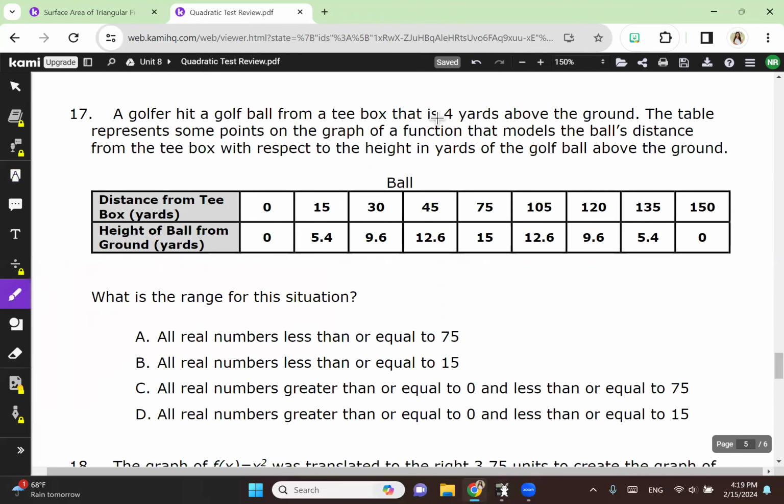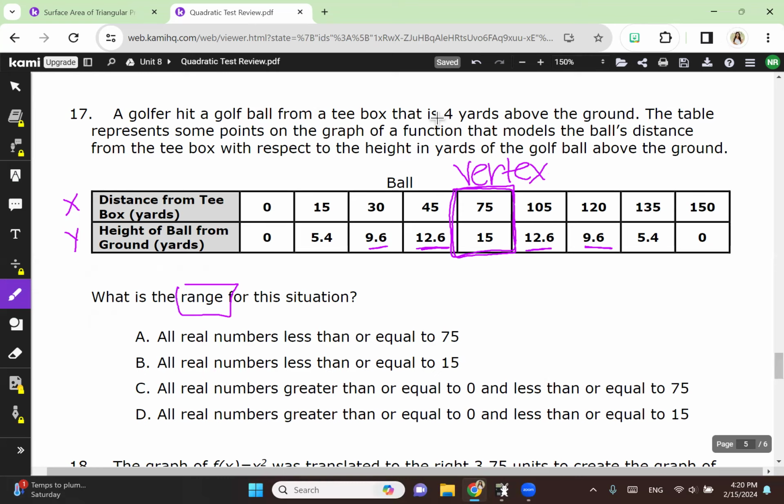Number 17, we talked about finding the vertex by paying attention to your y values. Notice you have a repetition with 12, 12, 9, 9. So this would represent the vertex. Now, if we're finding a range for this situation, we need to know what type of parabola this is.